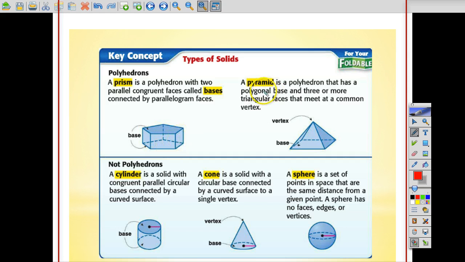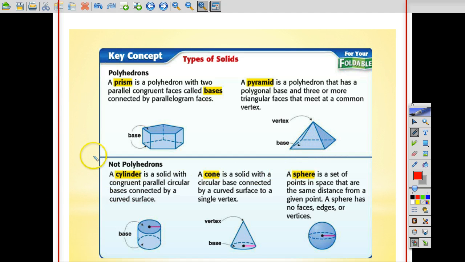A pyramid is a polyhedron that has a polygonal base, and three or more triangular faces that meet at a common vertex. So this is a pyramid, and the bottom face, the base, is a polygon.